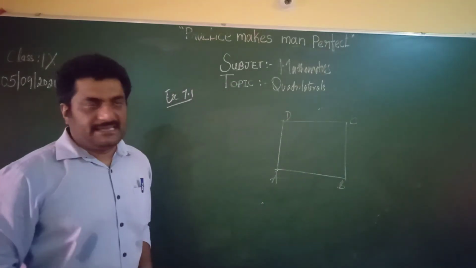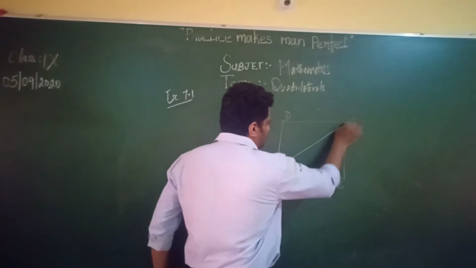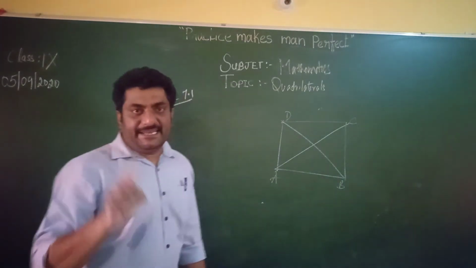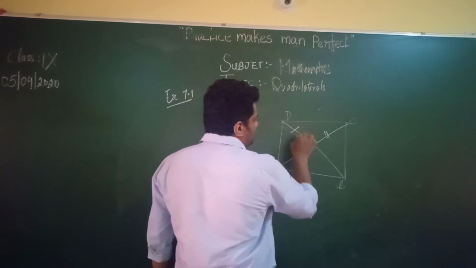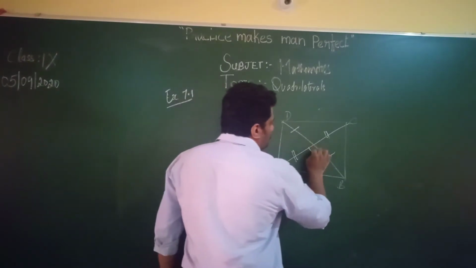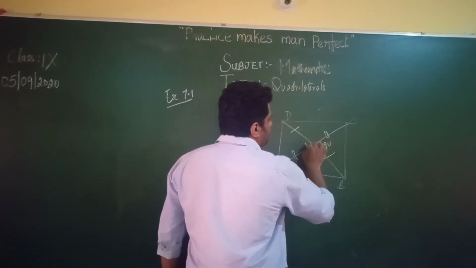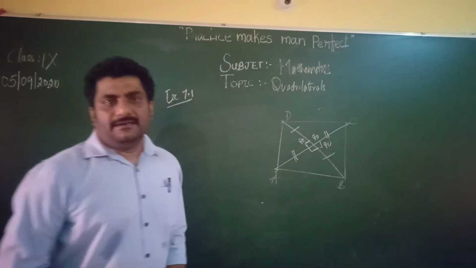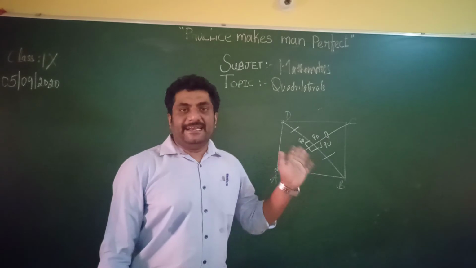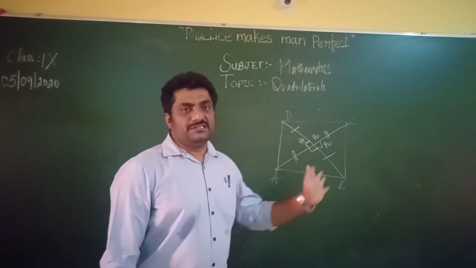And they are telling us that the diagonals bisect each other. These two are equal. This is equal to this, and also it is 90 degrees. Okay? 90 degrees, and then prove it is a rhombus.